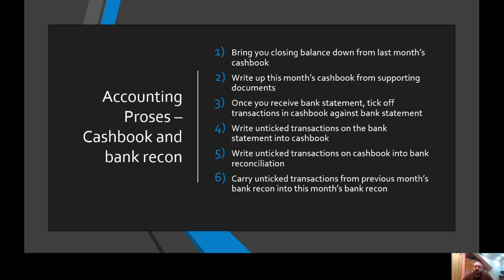If I write it in again, I'm going to duplicate it. So I simply look at last month's bank recon, and all the transactions on that recon that haven't yet been reflected on the bank statement, we carry over onto this month's bank recon, and they stay on the bank recon until such a time as they pass through the bank.